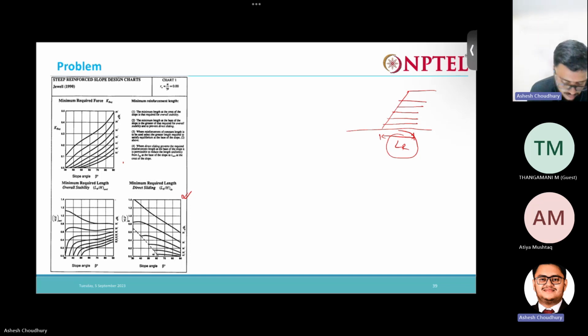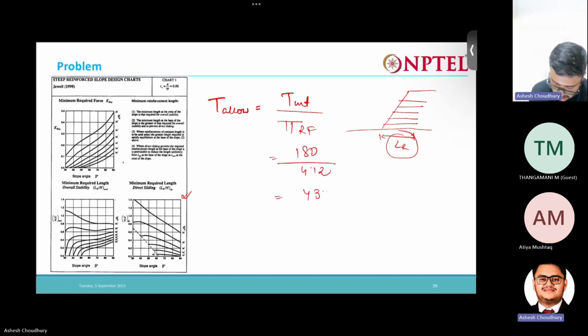Let us see. First, we will find out the allowable strength: the ultimate divided by the reduction factors. Ultimate is 150.